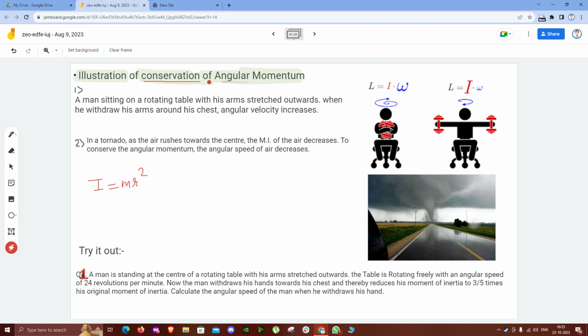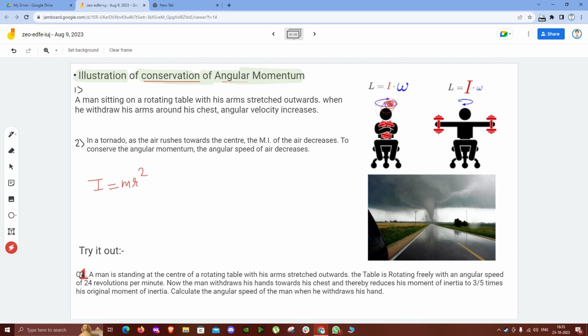If you can see clearly here, the angular momentum remains the same. So the value of L has to remain the same. In order to do that, in this case, omega has to increase. That means you can observe the person rotating at a much higher angular speed.